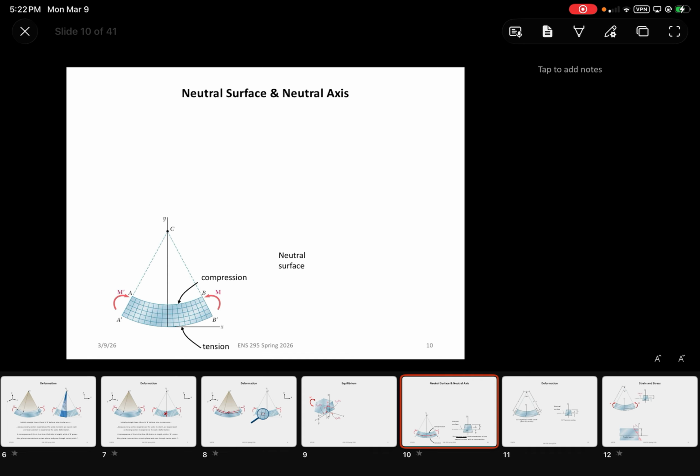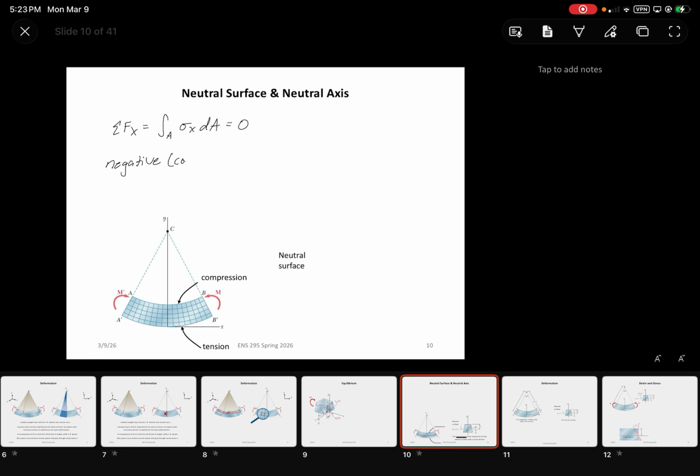So from the sum of the forces in the x direction, when we integrated over the area for sigma x dA equaling 0, when we analyze all of this, we find that the stress that's negative indicates compression, and the stress that's positive indicates tension.